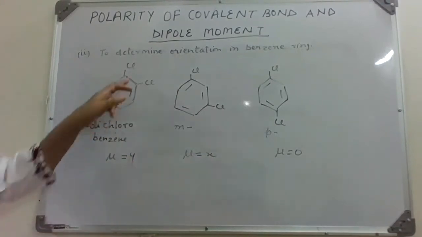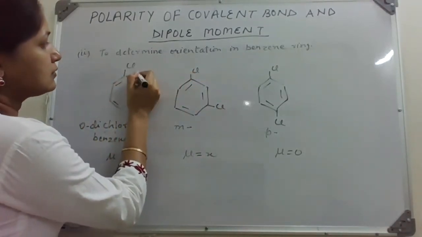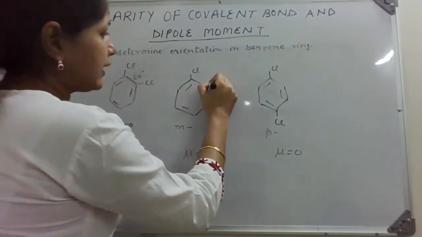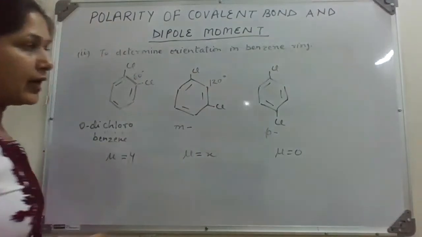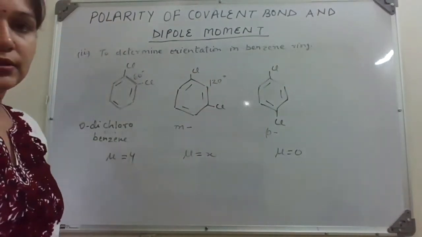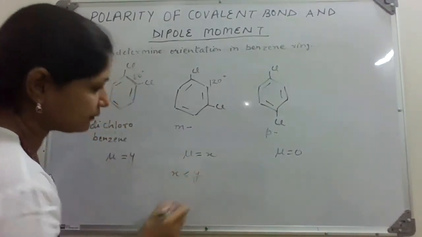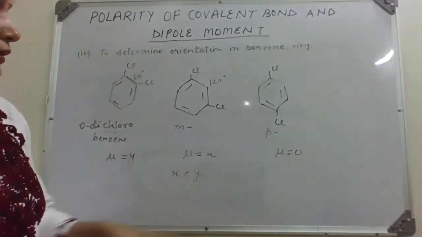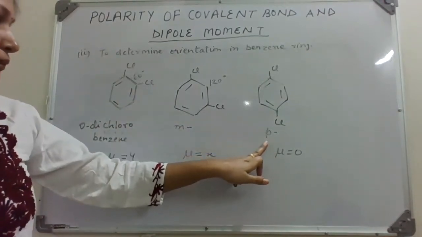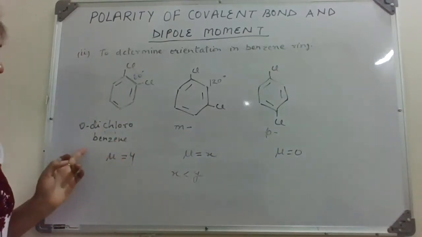As the angle between the substituents increases, dipole moment decreases. In this case the angle is 60 degrees, and in this case it is 120 degrees. So the value of x is greater than the value of y. So we can say the dipole moment in para dichlorobenzene is minimum, then in meta dichlorobenzene, and most in ortho dichlorobenzene.